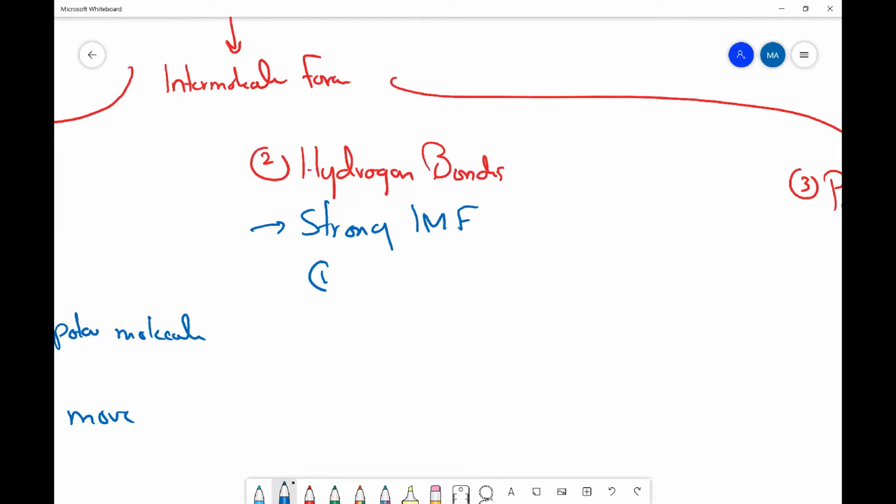Number one, you must have either oxygen, nitrogen, or fluorine covalently bonded to hydrogen. So whenever you'll have oxygen, nitrogen, or fluorine bonded to hydrogen, only then there will be a chance of hydrogen bonds being formed. And the second condition is that there must be lone pairs on oxygen, nitrogen, fluorine.